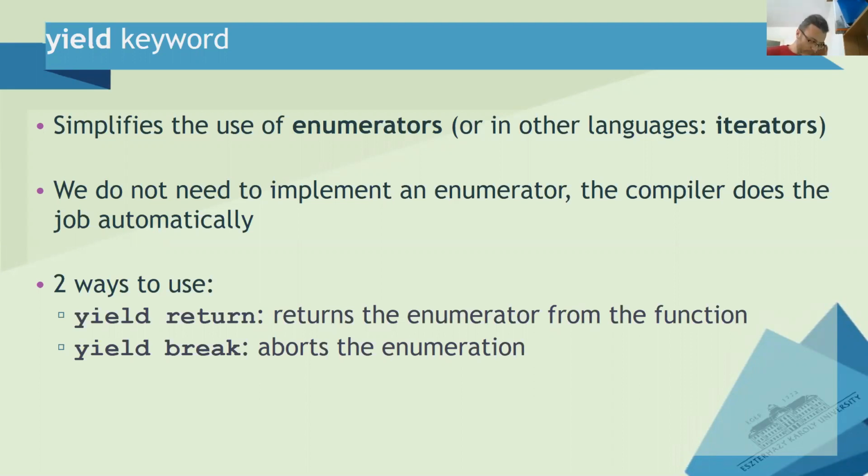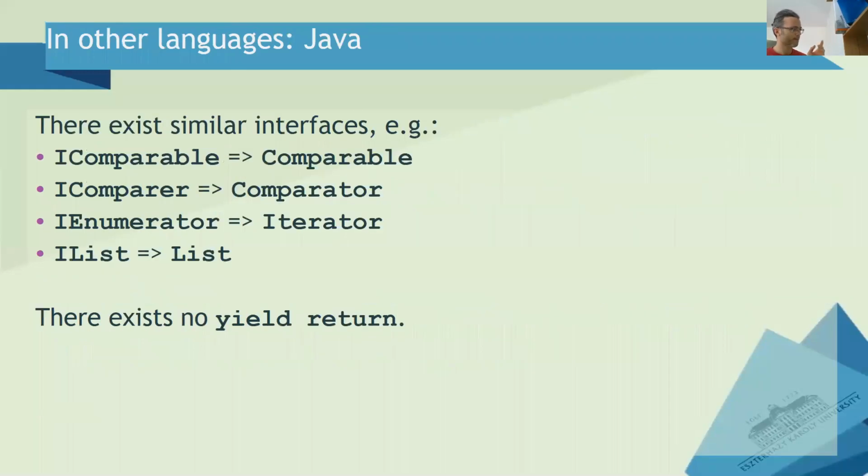Yeah, so this is why in C# you can do this in an easy way by using the yield keyword. Unfortunately, not all the OOP languages provide such a keyword for you. For example, Java. Java doesn't provide a yield return instruction for you.